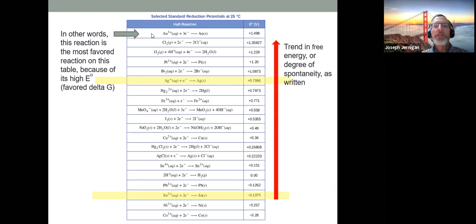Standard reduction potentials. You will see tables like this in many of your textbooks, okay, along with tables of other thermodynamic data, because it is a thermodynamic quantity, okay. And the reason the ranking is as it is goes back to these electron energies.